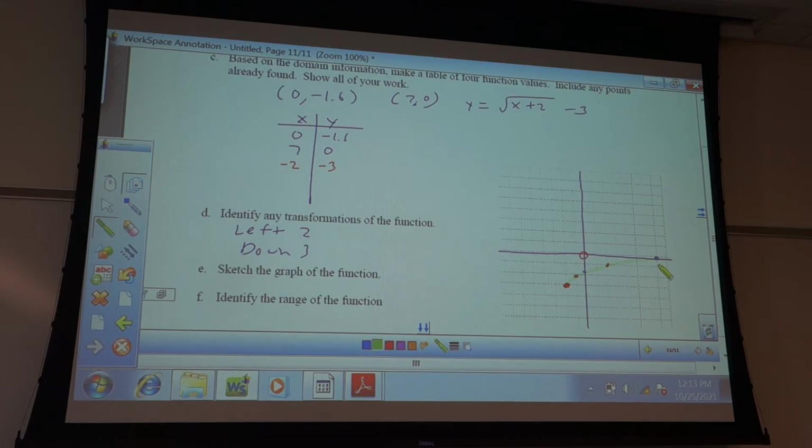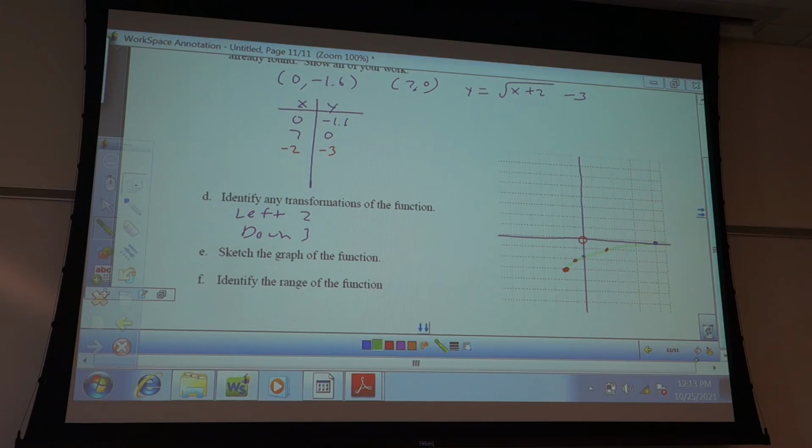Good. Great. All right, so I want to find the range. Everybody find the range. What are the y's allowed to be? We already did the x's. Remember the x's we said was this stuff here.